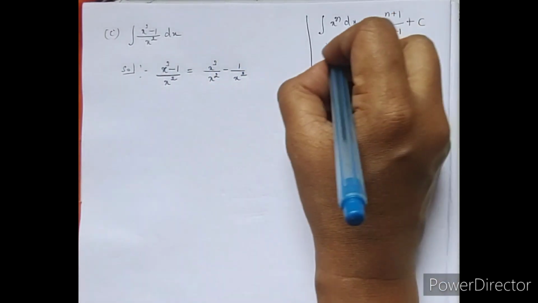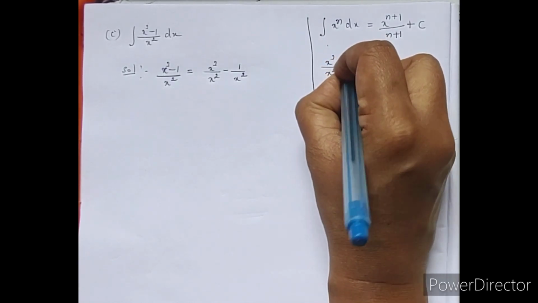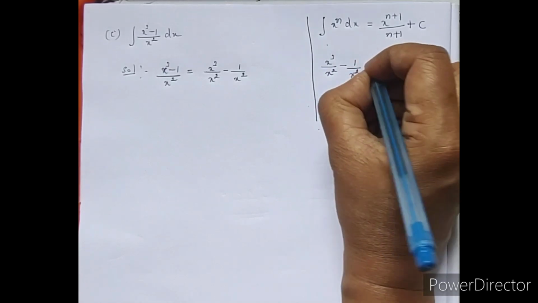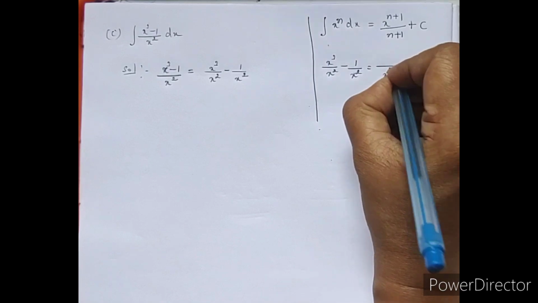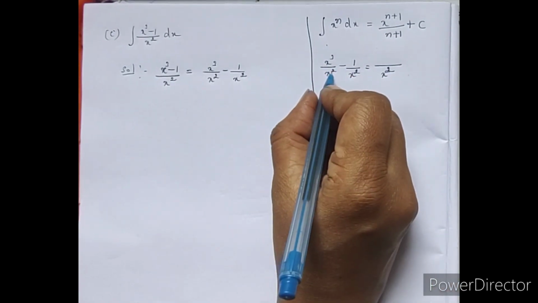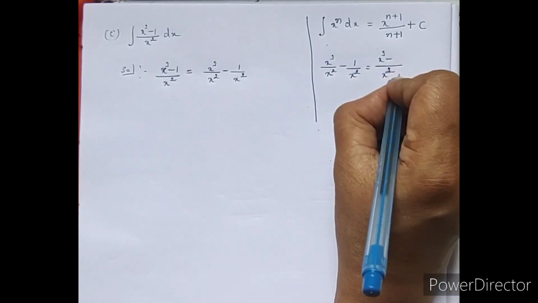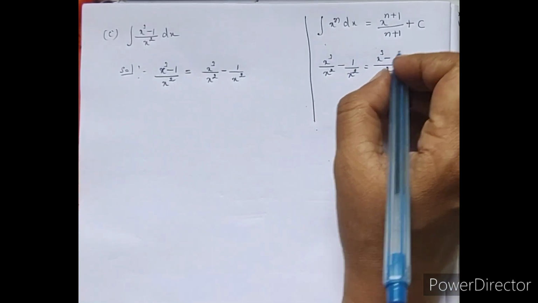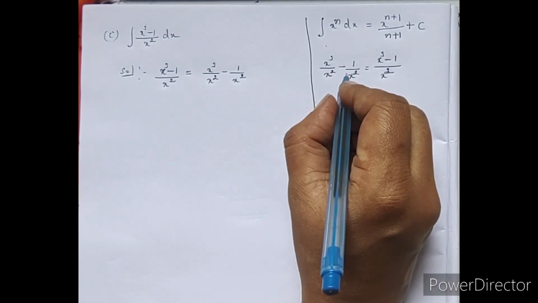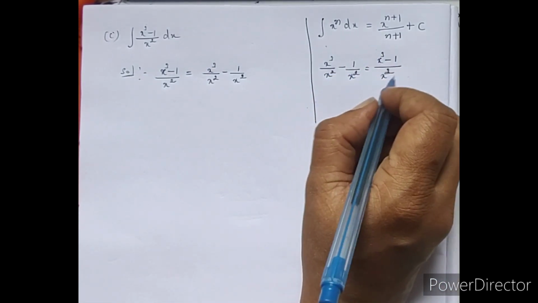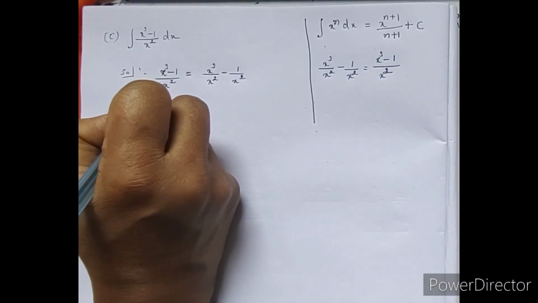This is because if you take the common denominator of x cube divided by x square minus 1 divided by x square, x square is the common denominator, and you get x cube minus 1 divided by x square.